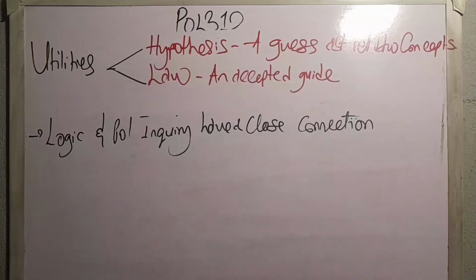So this logic of political inquiry refers to the underlying ontological and epistemological justification of the approaches and methods of political inquiry. Like I said, epistemological has to do with the theory of knowledge. Therefore, the logic of political inquiry refers to the systematic way political scientists study politics.